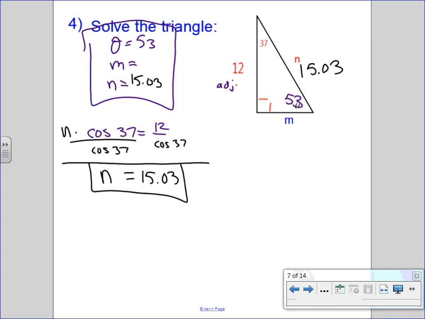Yeah, sure. Okay. So 12 squared plus m squared equals 15. And I don't want to round it too much, but I am going to use the Pythagorean theorem. So maybe 0.256, like that. So if I square that number, I get 225.77. And I'll subtract over 144. Because 144 is what you get when you do the 12 squared.